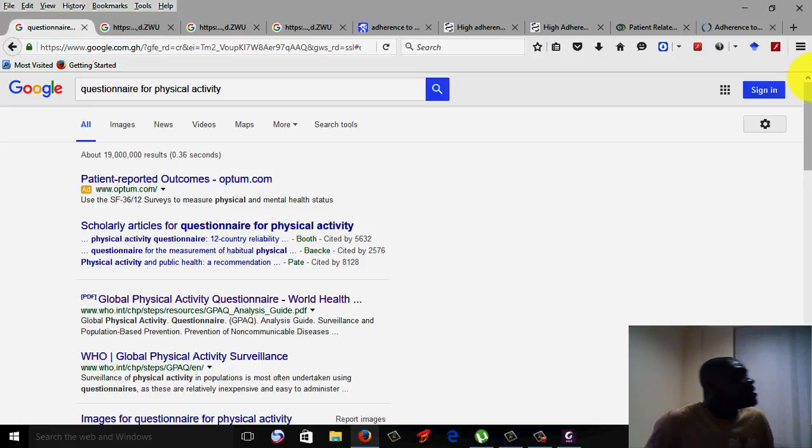At the end of the day, our questionnaire should reflect what is on the ground: a person who has high adherence should score higher adherence by virtue of our questionnaire, and the person who has low adherence or no adherence at all should also score the same way. Not that because of our questionnaire, somebody who has high adherence will rather score low. So that moves us to what we call validity.